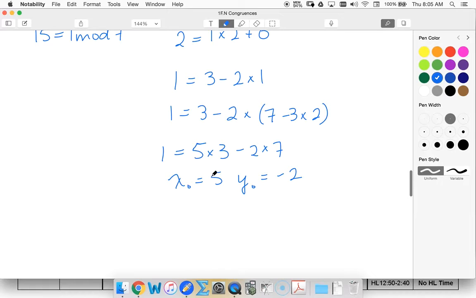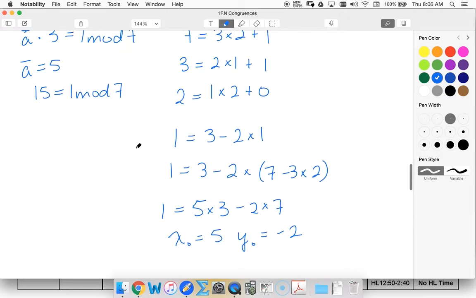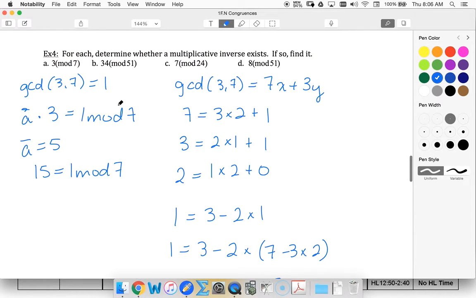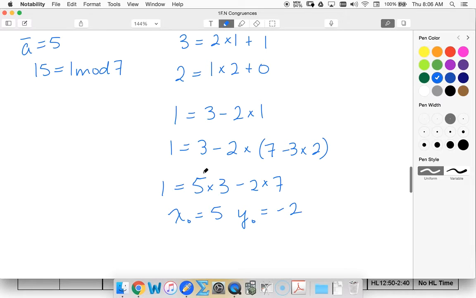So really what I'm looking at over here is my 5, because I had my 3 mod 7 from my initial constraint. So what I'm looking for is my 5 here, because that's what's going to give me my remainder of 1. So this value is also going to give me my A inverse value.